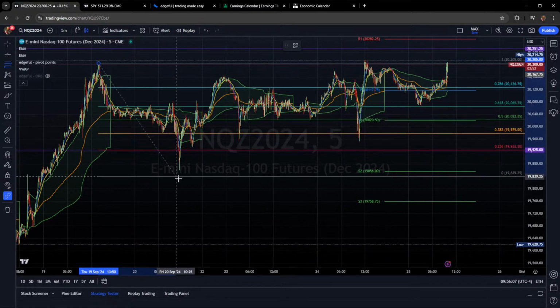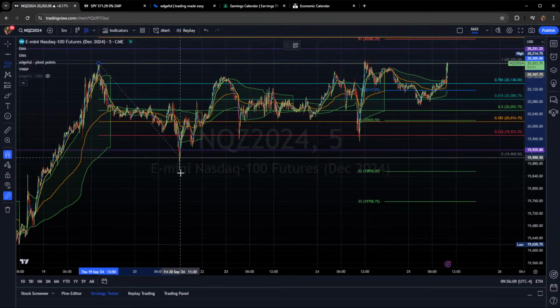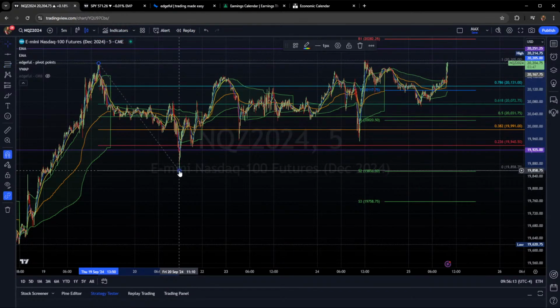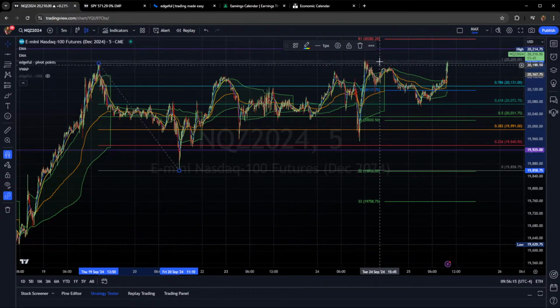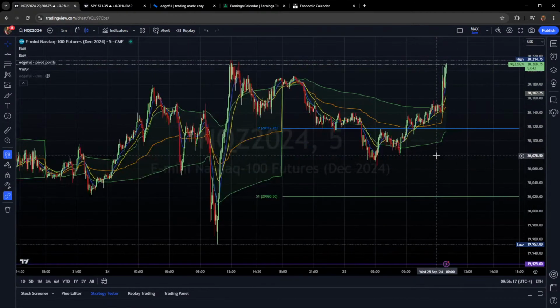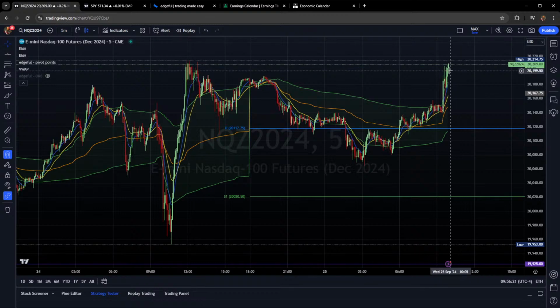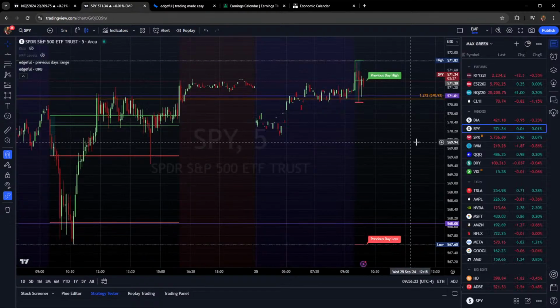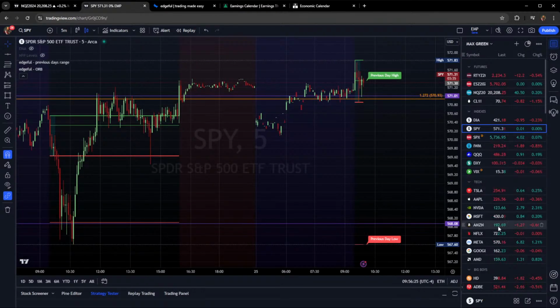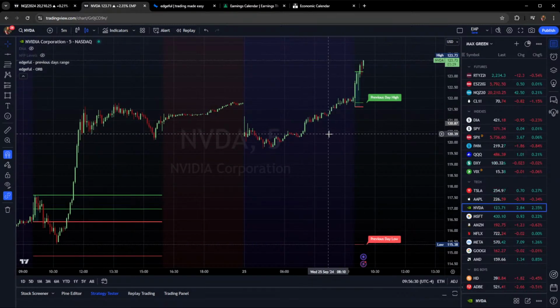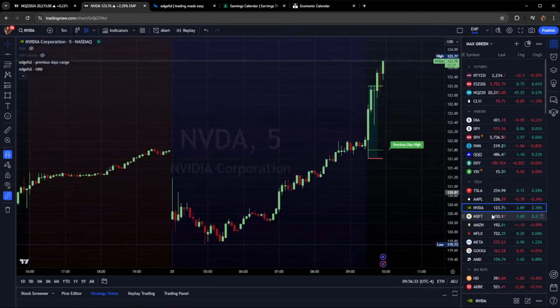I mean, that 205, I just think this wants to go. What's NVIDIA doing? I keep these up. I have another window open so I watch all these. I mean, yeah, look at that. Look at NVIDIA. NVIDIA's flying.